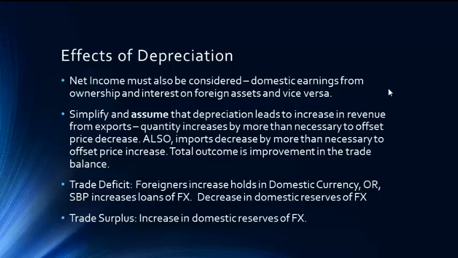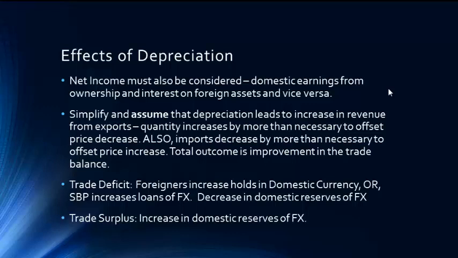There are two types of conditions that can exist in the balance of payments. Either we can be in surplus, or we can be in deficit, or we can be in equilibrium, the third condition, of course. So if we are in trade deficit, then what happens is the foreigners increase their holdings of domestic currency, or SBP will increase the loans that it takes in foreign exchange because it runs a deficit which it has to finance.